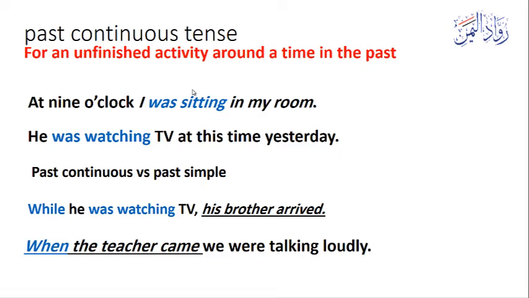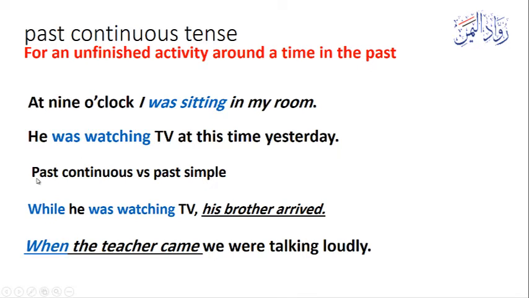I was doing something. Here, I was sitting in my room. If somebody asks you, what were you doing at 9 o'clock yesterday, you can say, at 9 o'clock I was sitting in my room, or I was sitting in my room at 9 o'clock. Another example, he was watching TV at this time yesterday.